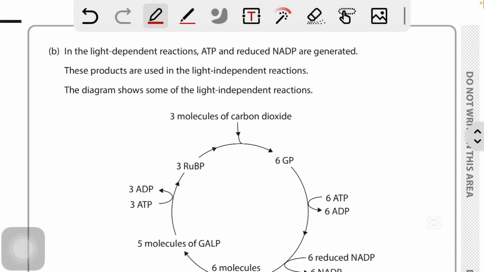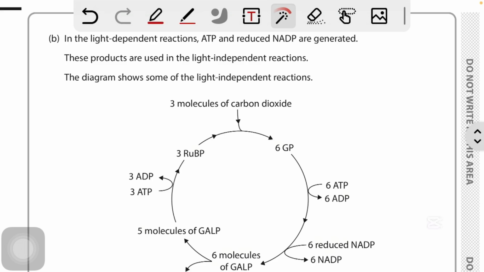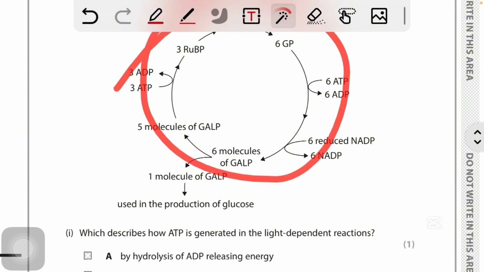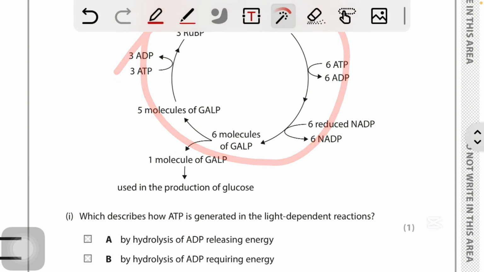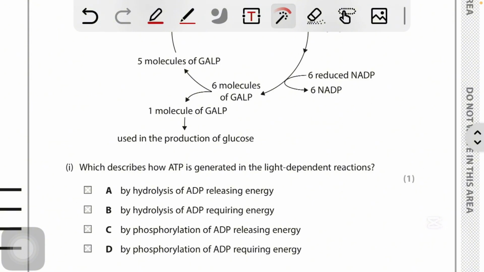In the light dependent reaction, ATP and reduced NADP are generated. These products are used in the light independent reaction. The diagram shows some of the light independent reaction. Which describes how ATP is generated in the light dependent reaction?